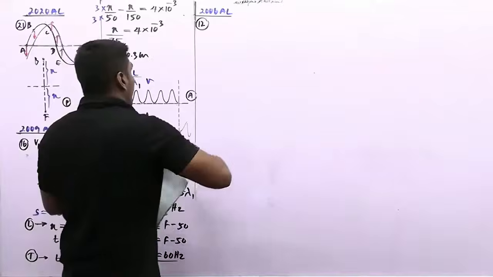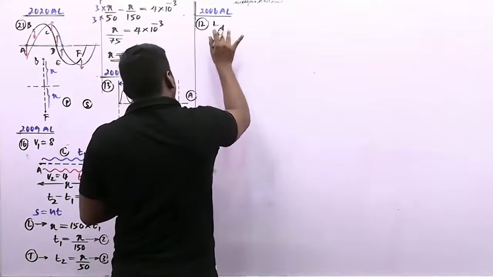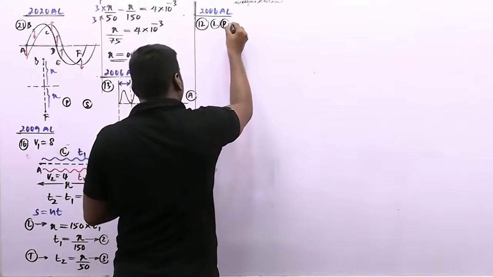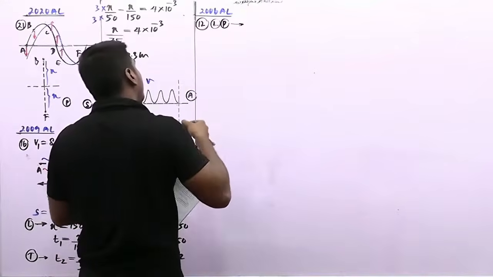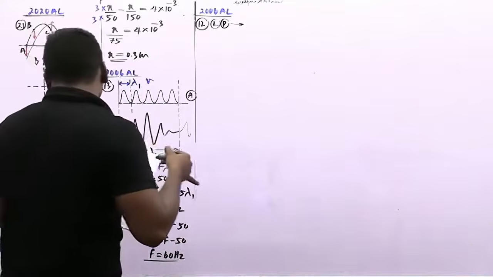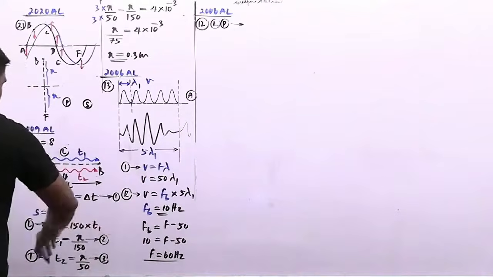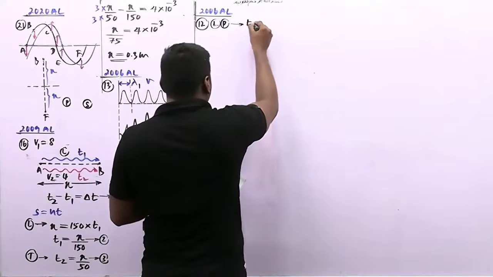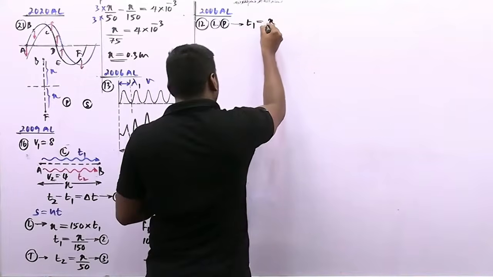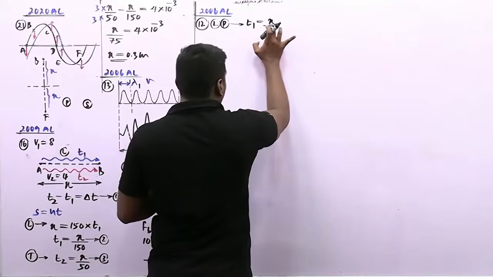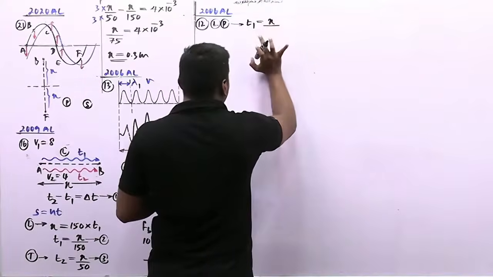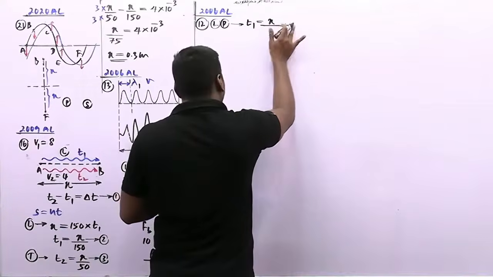If you apply s equals ut for the longitudinal wave, the primary wave, the time taken by the longitudinal wave to reach the ground is t1. T1 is going to be x over the speed, where x is the distance between the earthquake point and the point on the ground. I want to find simple x only.